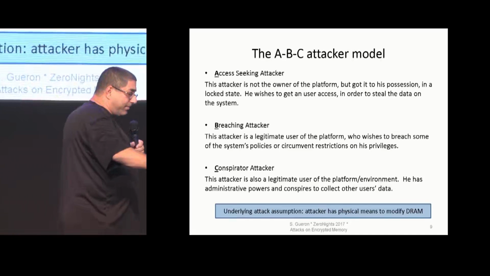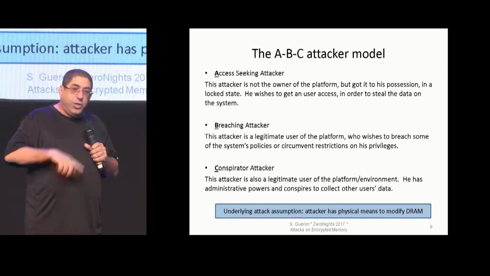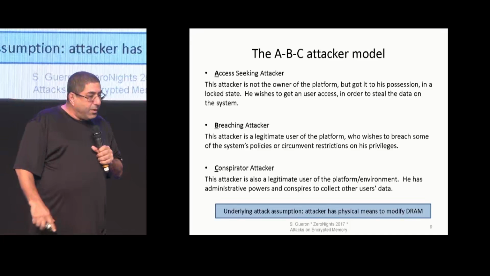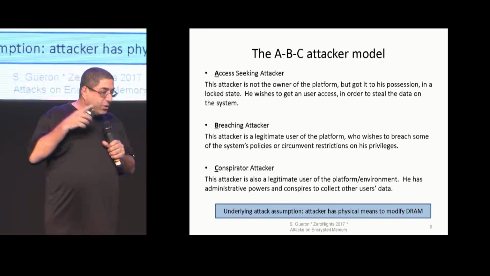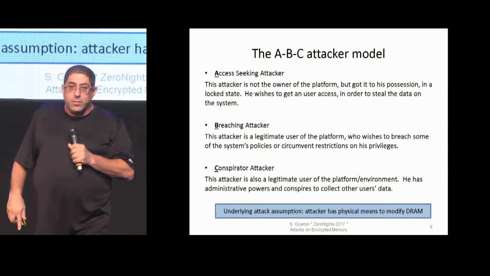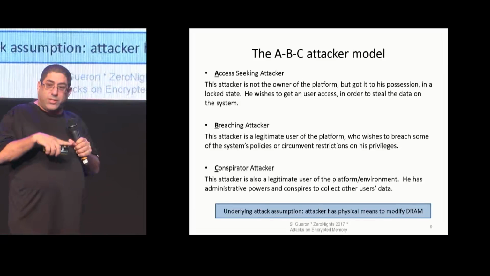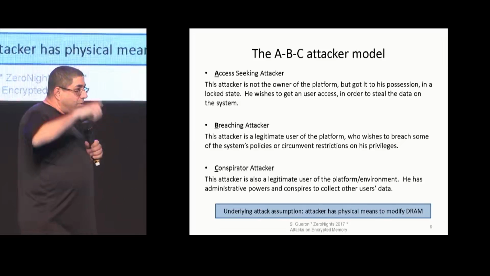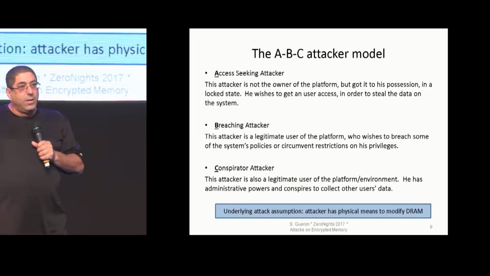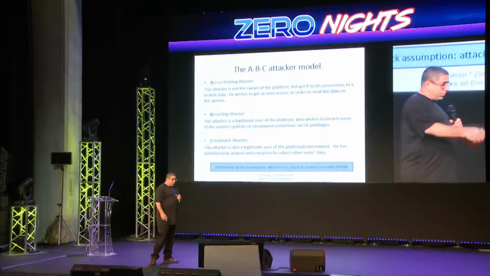Now, the second one is the breaching attacker. The breaching attacker is a legitimate user of this platform, but he wishes to breach some of the system policies or to circumvent some restrictions and get more privileges. So now this attacker is much stronger, right? Because he has more control on the system. So the A is the weakest attacker with the least amount of influence on the system, and he wants to log in.